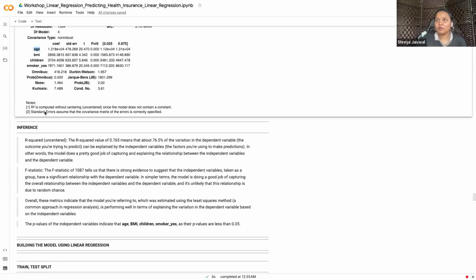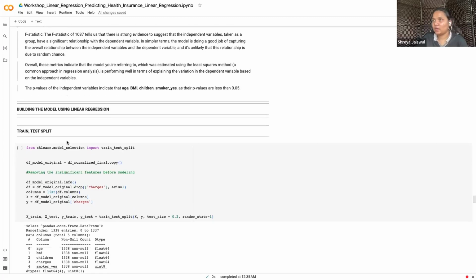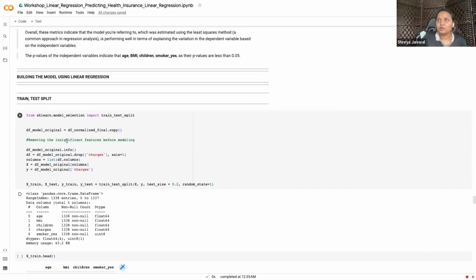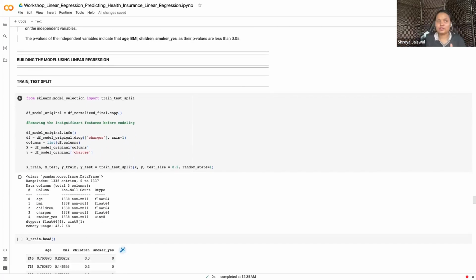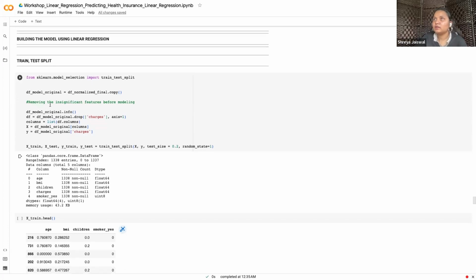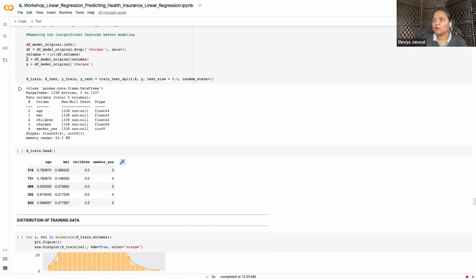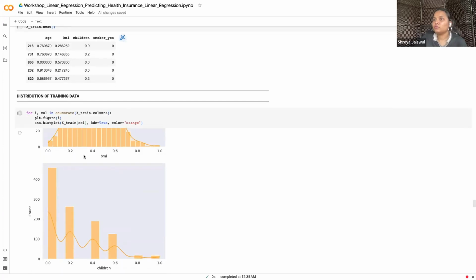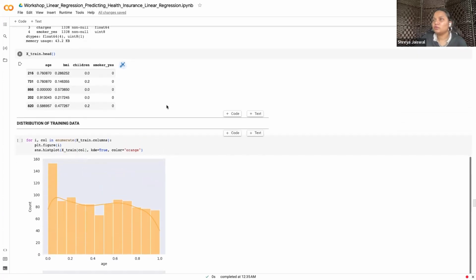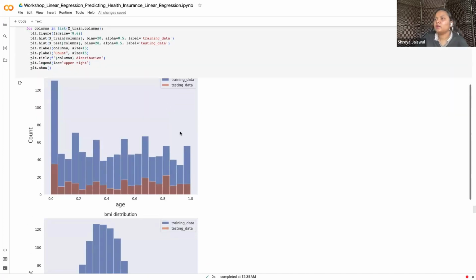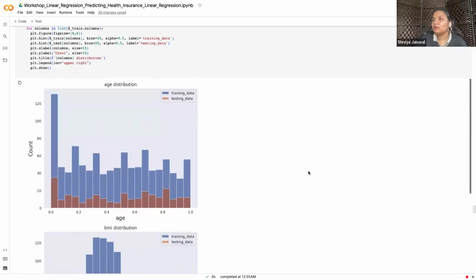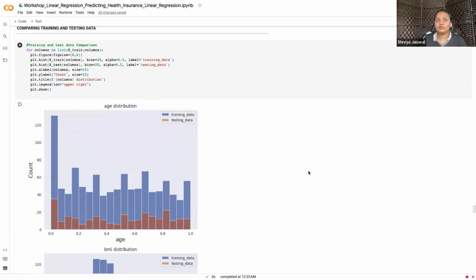Once we are done with all this, the next and final part is where we build the model. As I mentioned before, we use train test split. We use a certain amount of data to train the model, and the rest we use to test it. Here is the distribution of the training data. It's important that our distribution is fair across all the records.